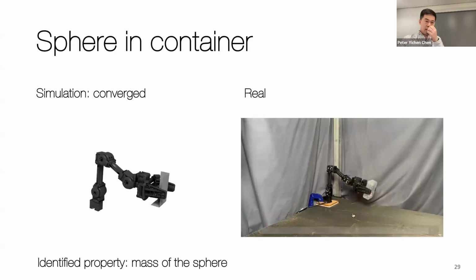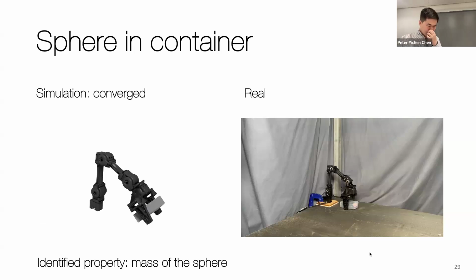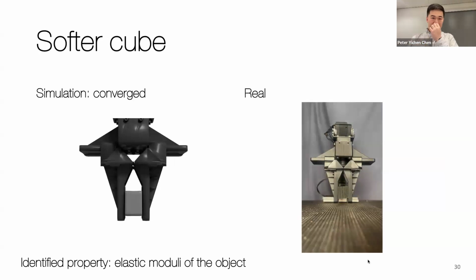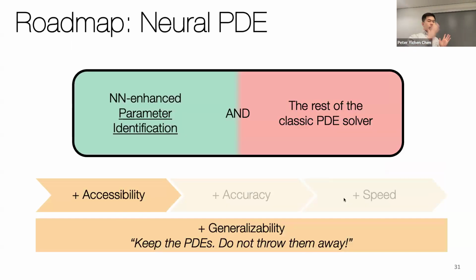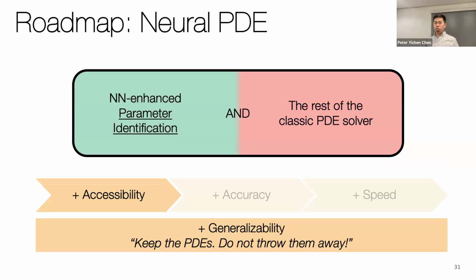You do an experiment like this, and we're able to figure out the material properties of the mass of this sphere here, based on observing the motion of the ball. And here, figuring out the material properties of the object that you're squeezing, through differentiable physics here. Great. So we see that this differentiable framework allows us to identify these parameters, and this makes life a lot easier, right?